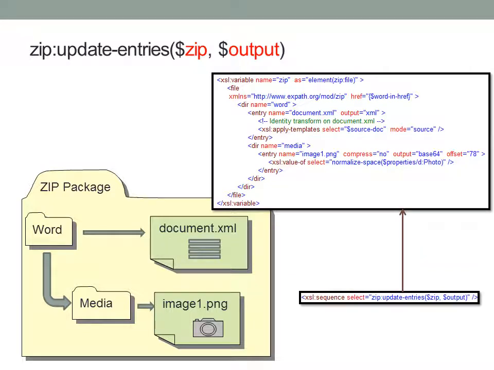And then finally, once we have the complete file element that describes the modifications that we're making to the Word 2010 document, we can then call the update entries function.